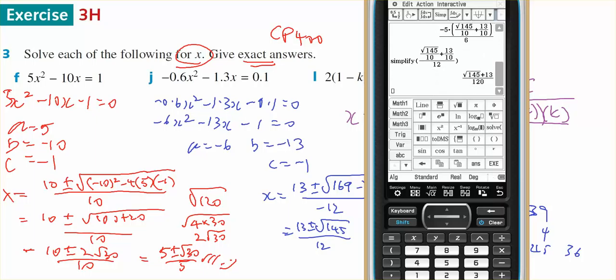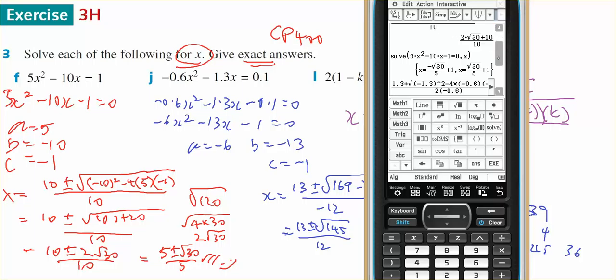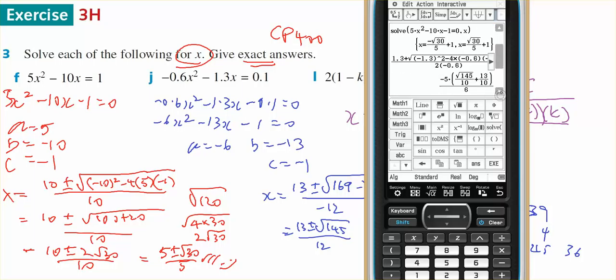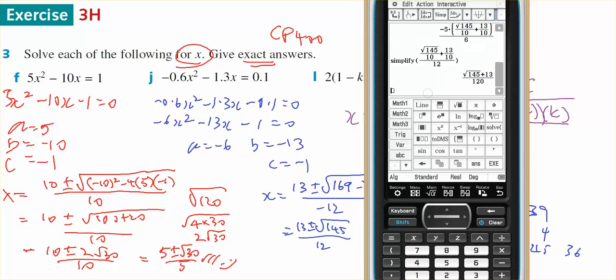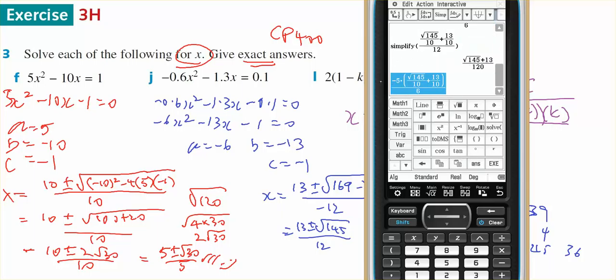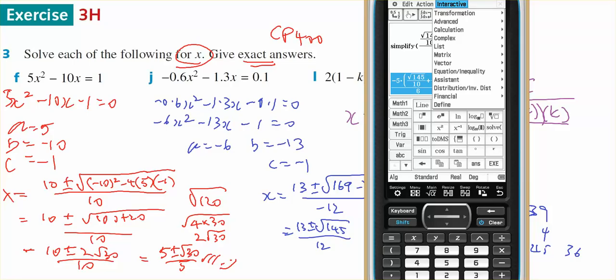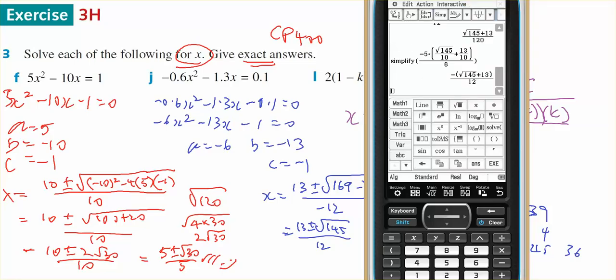That gives me that expression, and that expression, if I simplify, gives me this, which is exactly what I got there.